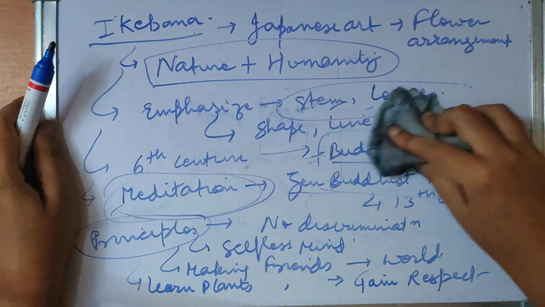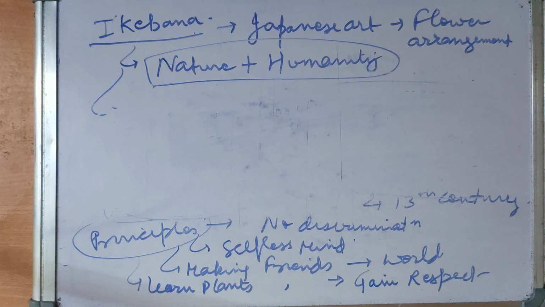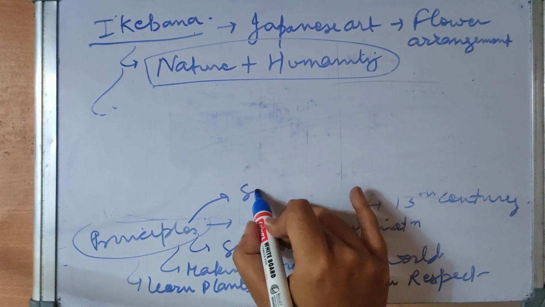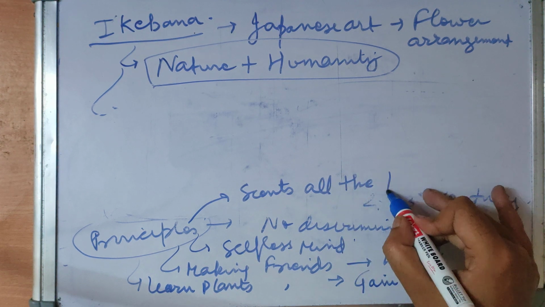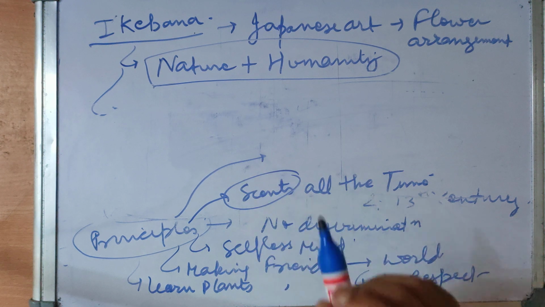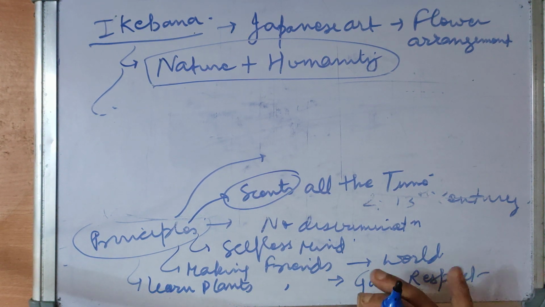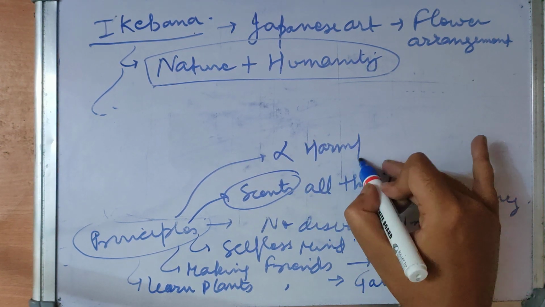Sense all the time. That is the concept of Mahayana Buddhism. They used to worship Buddha with saints, so that is where it comes from. Departing from any harmful thoughts. No harmful thoughts should be there.